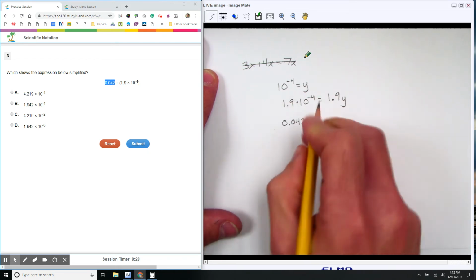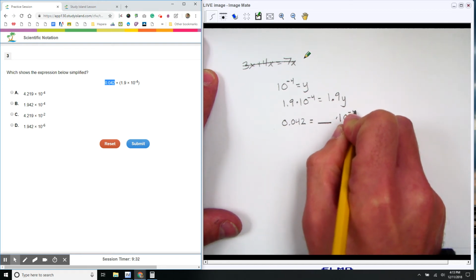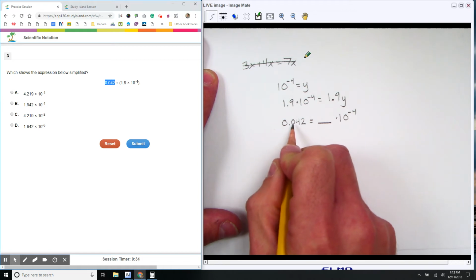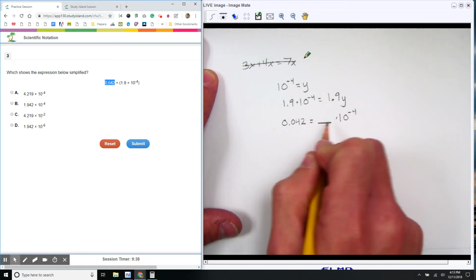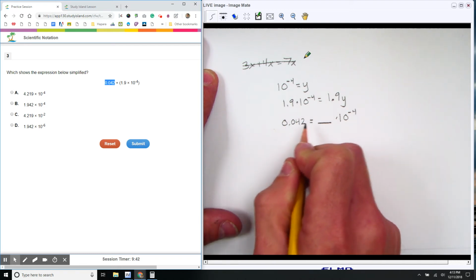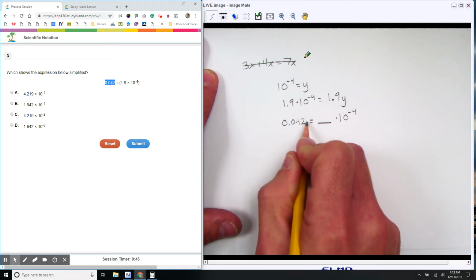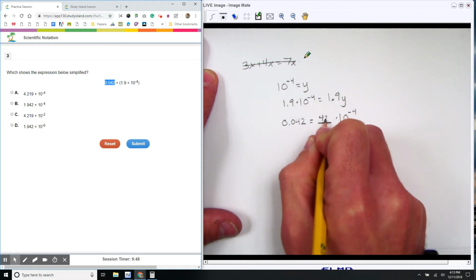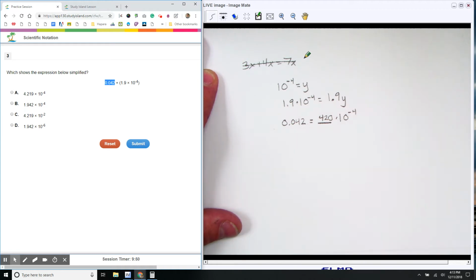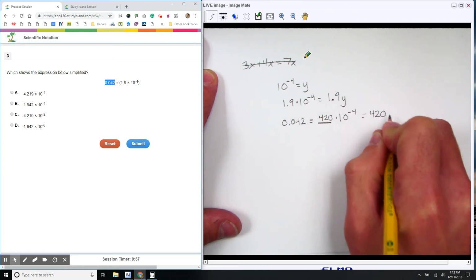So if I need this to be equal to something times 10 to the negative fourth, all I have to do is figure out where this decimal would have come from if I moved it to the left 4 spaces. Just go to the right 4 spaces to figure it out. 1, 2, 3, and then 4 would put a space filler. So it's 420 times 10 to the negative fourth. And in this case, if 10 to the negative fourth is y, we have 420y.